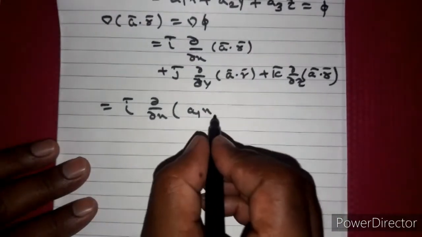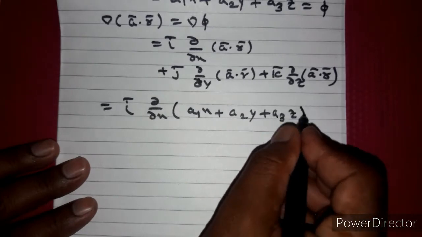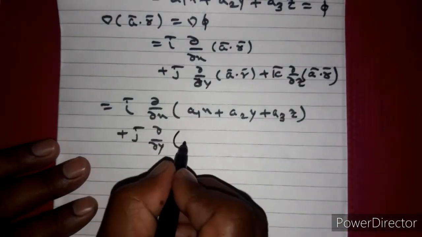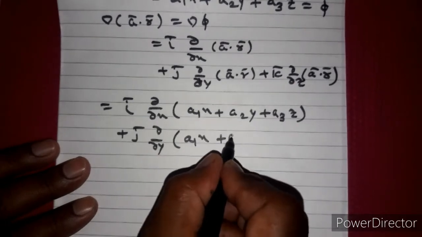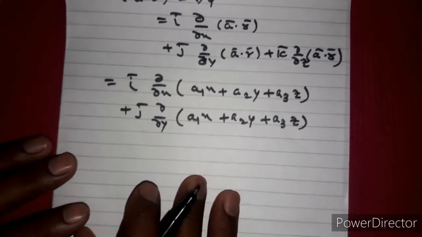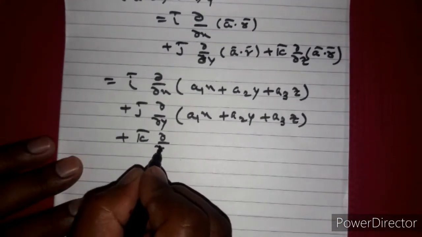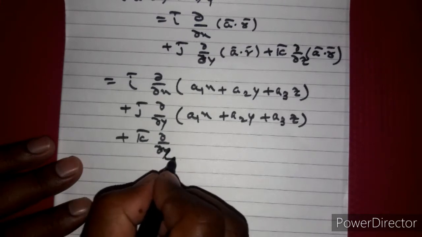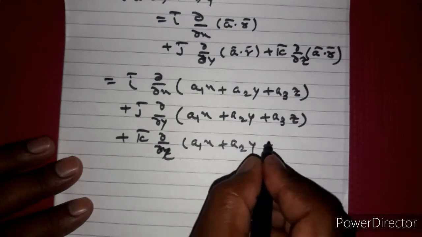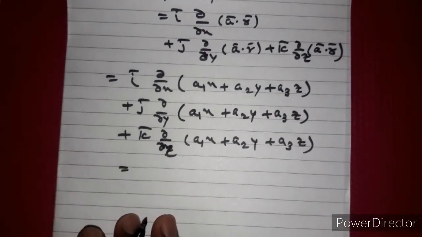So i bar dou by dou x of a1x plus a2y plus a3z, plus j bar dou by dou y of the same, plus k bar dou by dou z of the same.